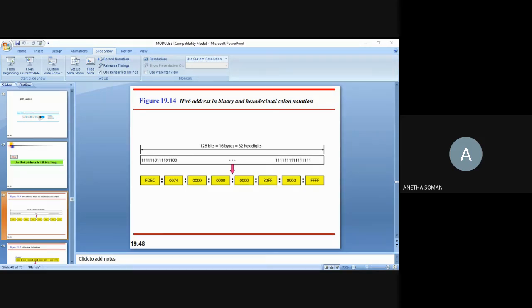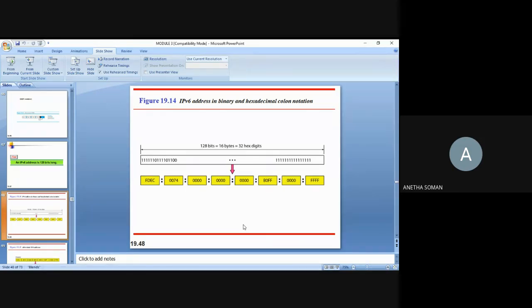Or Shruti. Yeah, Neeraj, tell. How will you convert a binary number to a hexadecimal number? Group. Yeah, you have to make a group of 4.